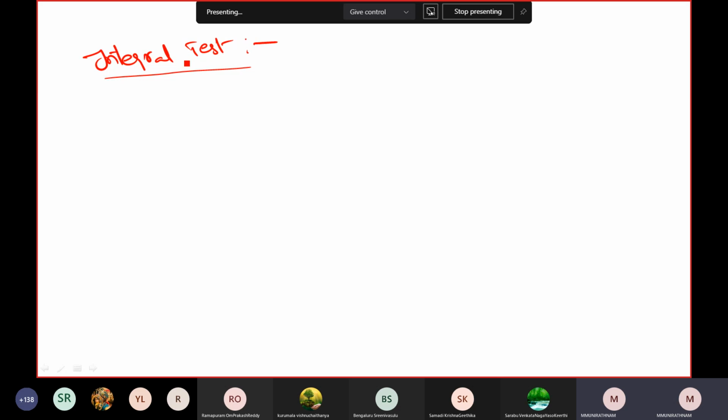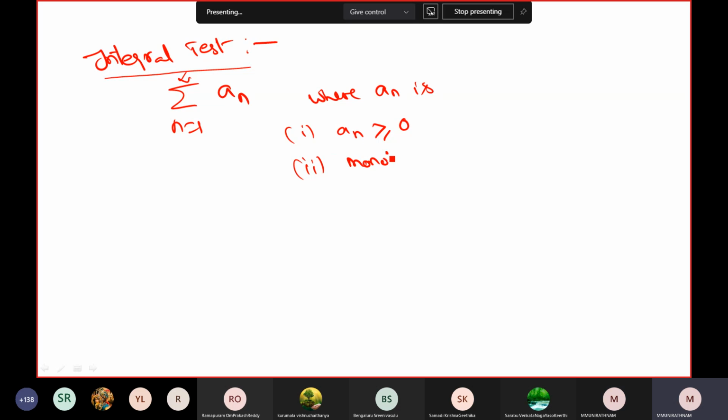Okay, see, to check the convergence of summation n equal to 1 to infinity an, where an is positive, and second, an is monotonically decreasing.